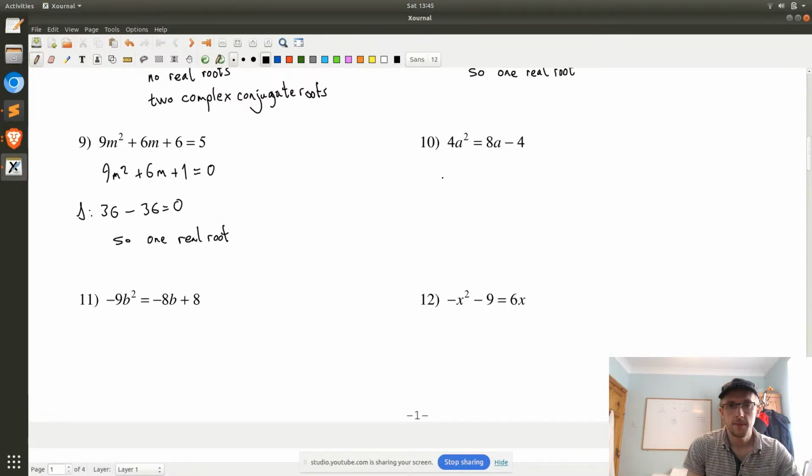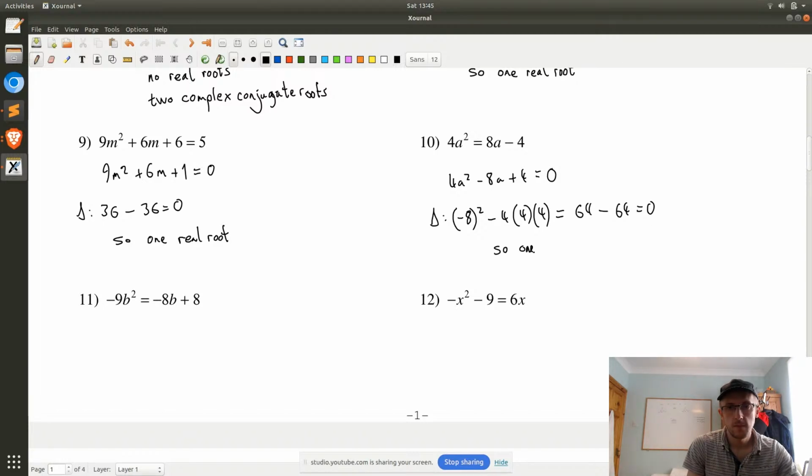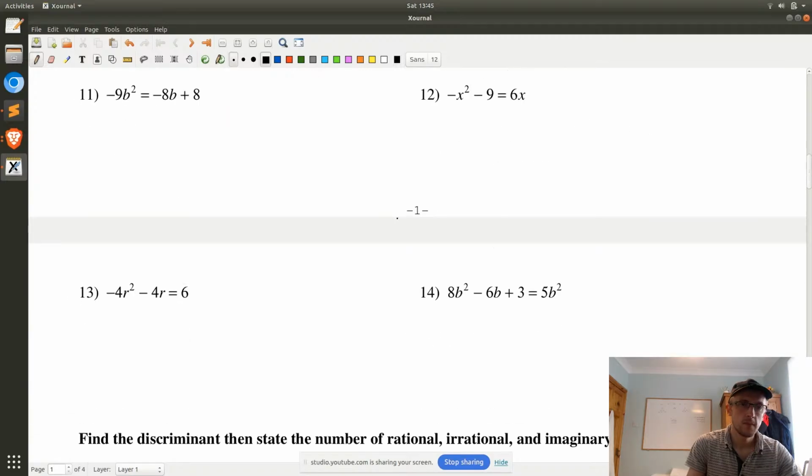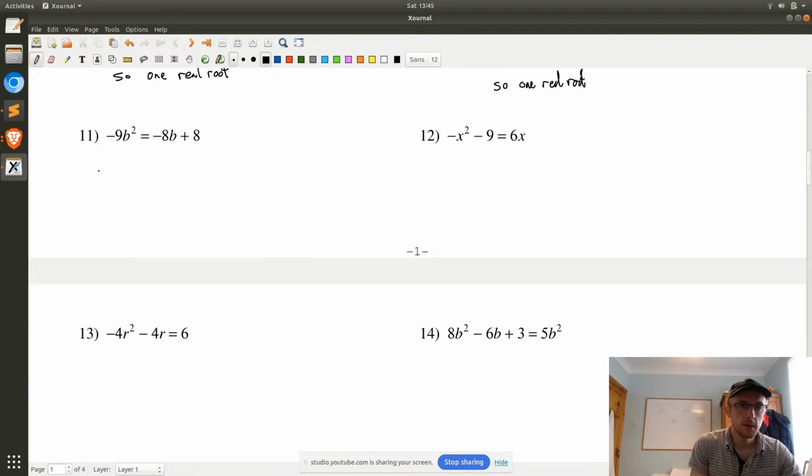And here, delta, the discriminant rather, b squared minus 4ac. So that's squared minus 4 times 4 times 4. Next.